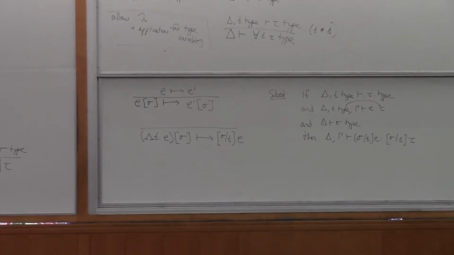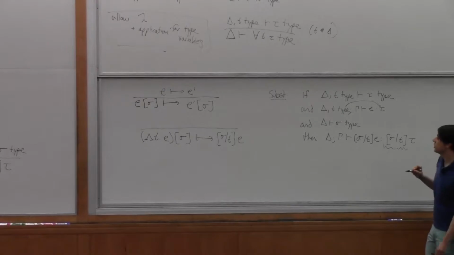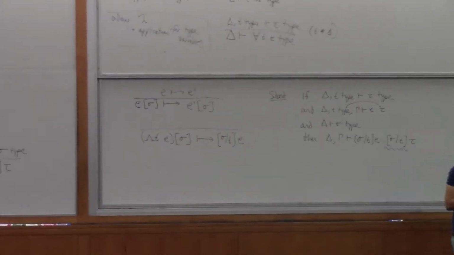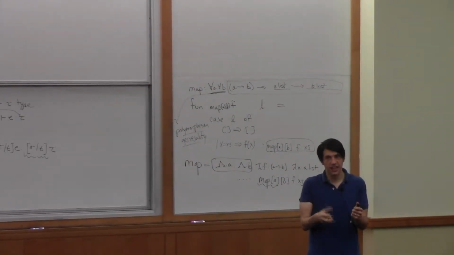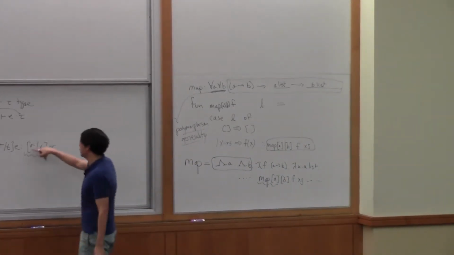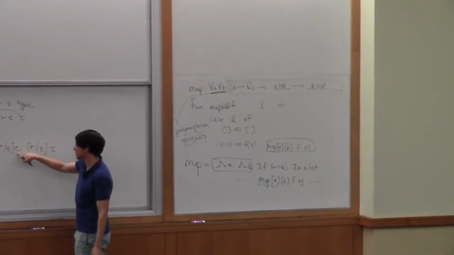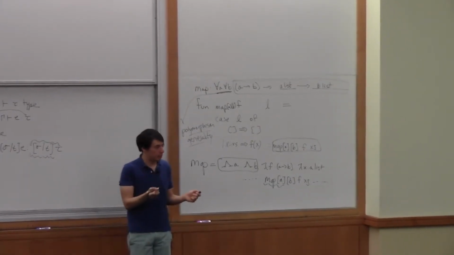Okay, so the new thing relative to what we talked about yesterday for the substitution principle is that if you do a substitution into a term for a type variable, and the type of that term has that type variable free as well, then you plug in, not just plugging into the term, has type plugging into the type.